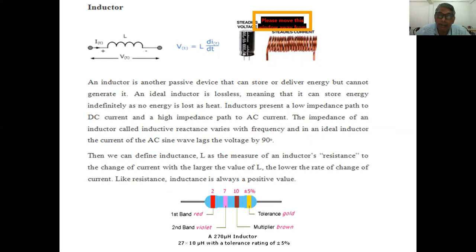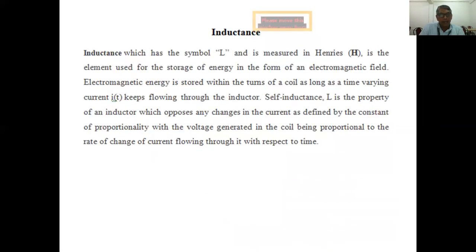And please remember, the most important thing is, like resistance, inductance is always a positive value. It has a symbol L, it is measured in Henry, and it is used for the storage of energy, in the form of an electromagnetic field.